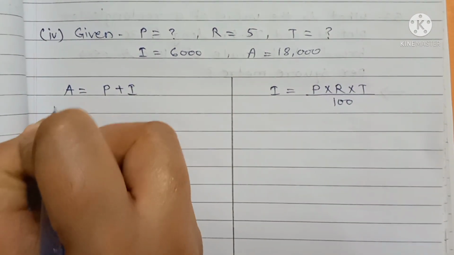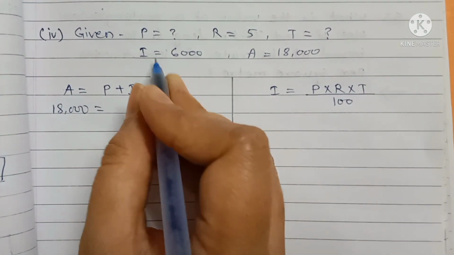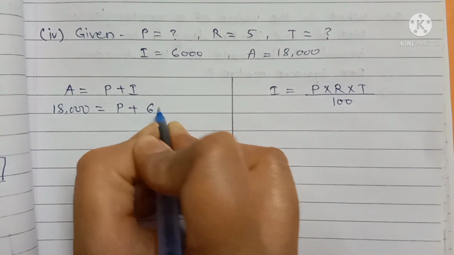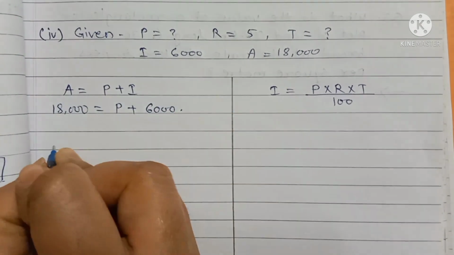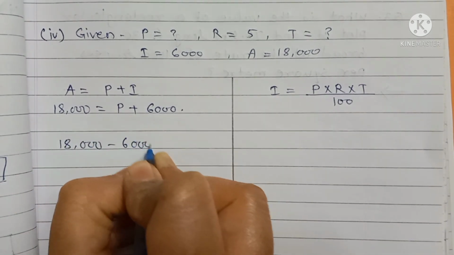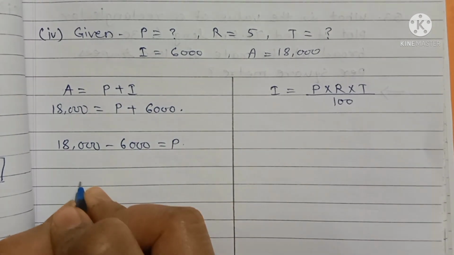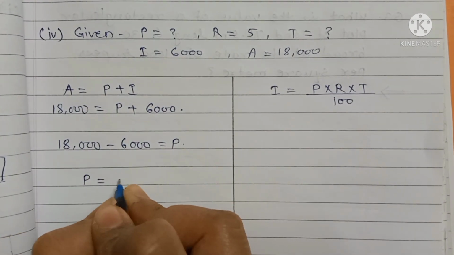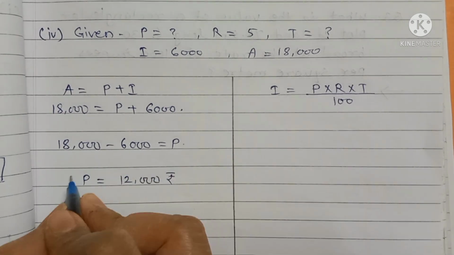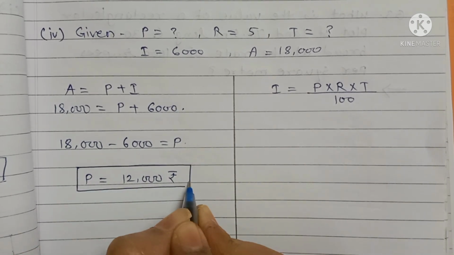Amount is given 18,000. 18,000 is equal to P plus I, which is 6,000. Means 18,000 minus 6,000 is equal to P. 18,000 minus 6,000 means 12,000. P is equal to 12,000 rupees. Principal is 12,000 rupees.